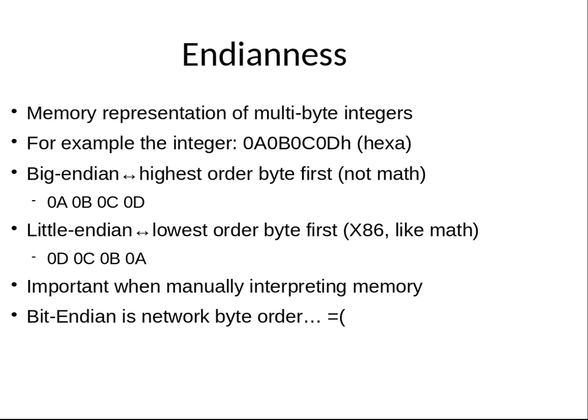Big endian works in the exact opposite. x86 does little endian, thankfully, but you have to keep this in mind because network byte order is big endian. That means when you write to the network, by convention, you need to convert from little endian to big endian.